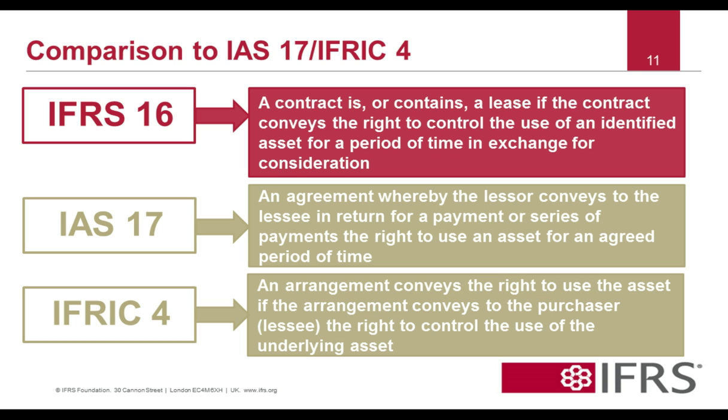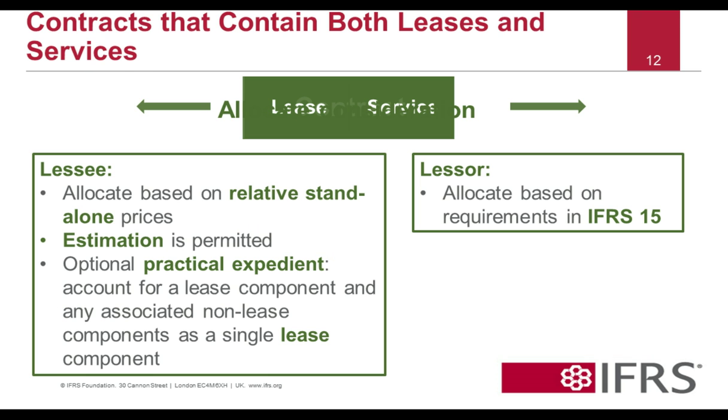If an entity chooses to use this relief, then it can assume on transition that existing leases continue to be leases and existing services continue to be services, and transition its contracts to IFRS 16 on that basis. The definition of a lease requirement in IFRS 16 would then be applied only to new contracts entered into after initial application. Because the differences in practical outcomes are expected to be limited, this will give entities cost savings on transition with little, if any, expected consequence for reported information.